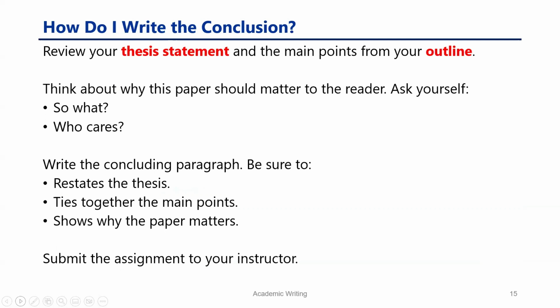Ask yourself, so what? Who cares? Now you're ready to write the concluding paragraph. Be sure to restate the thesis, tie together the main points, and show why the paper matters. Then submit the assignment to your instructor.